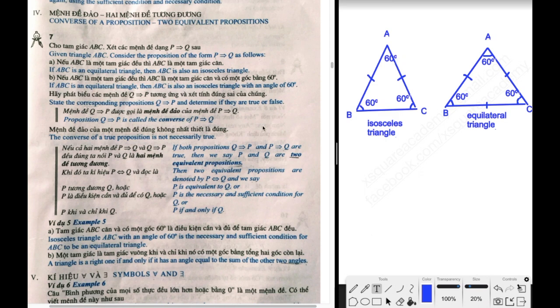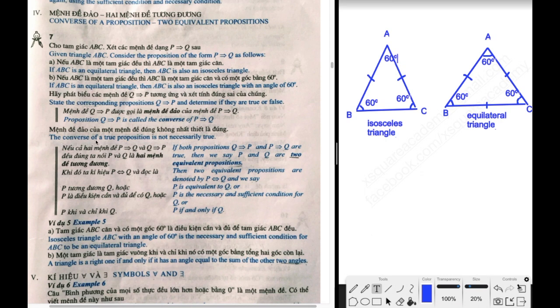This is a property of these propositions. Proposition Q implies P is called the converse of P implies Q. That means P implies Q is a proposition, and the converse becomes Q implies P. And you know what?